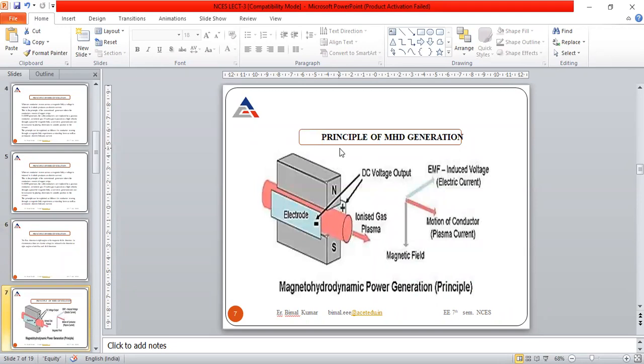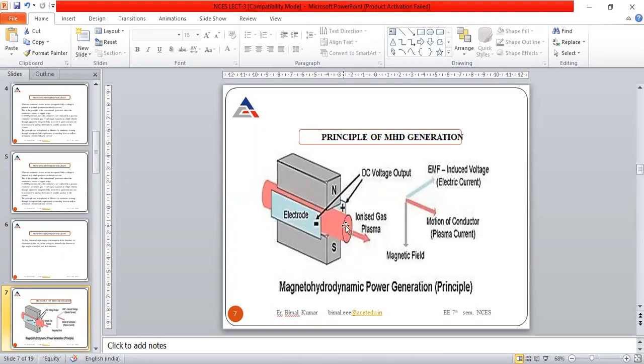Now here, in this case, see this MHD power generation. This is the north and south pole, right? And in between it is some pipe through which ionized gas plasma will be passed, right?